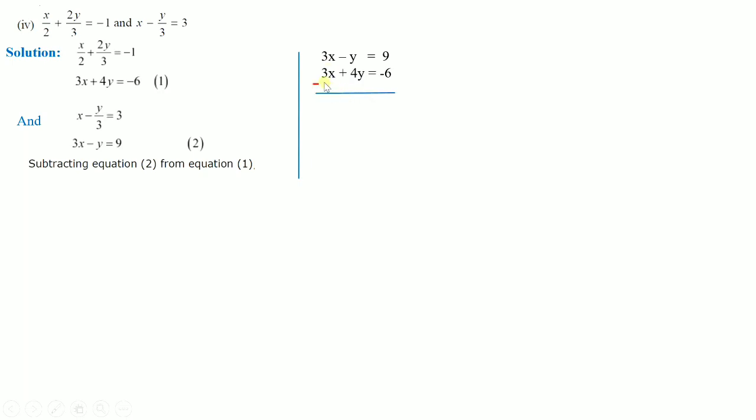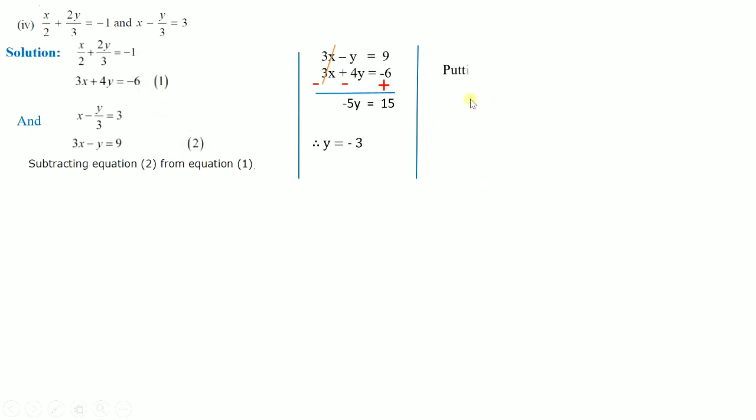Now we subtract, so we will change the signs, minus, here also minus, and here we have plus. So plus 3x and minus 3x cancel. So now we have minus 4y minus y, minus 5y is equal to 9 plus 6, 15. So we'll have y is equal to 15 upon minus 5 is equal to minus 3. Now this value of y, minus 3, we will put in either 1 or 2, whichever looks easier.